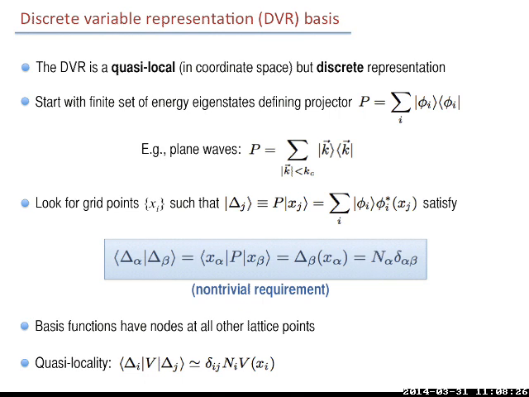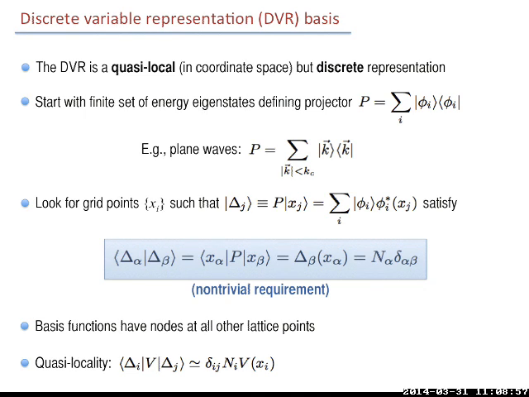You can basically use any spectral basis, but the tricky part is that you have to find a consistent set of grid points such that these projected delta functions satisfy a non-trivial requirement, namely that when you project these coordinate eigenfunctions onto your spectral basis, the resulting functions are orthonormal, or at least orthonormal up to this constant N_alpha.